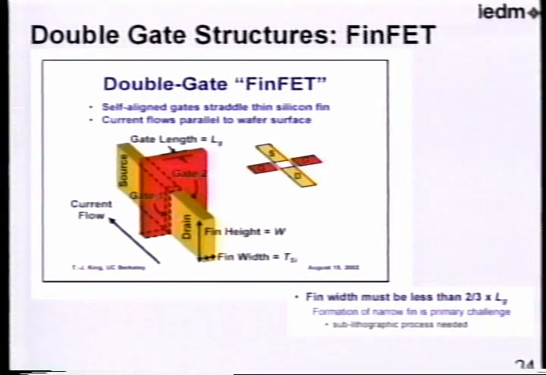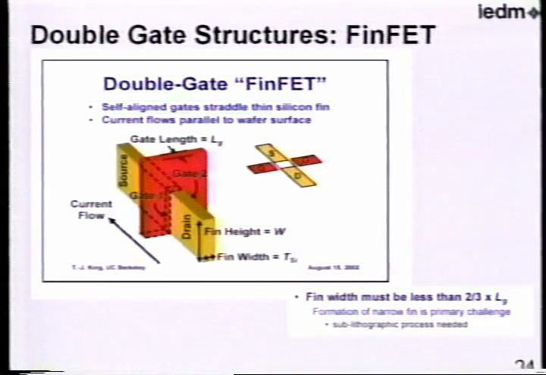It's the FinFET. In this case, this is the drain to source direction, and this is a vertical fin that's cut first, and then the gate is grown and the polysilicon is put over it for the gate electrodes.